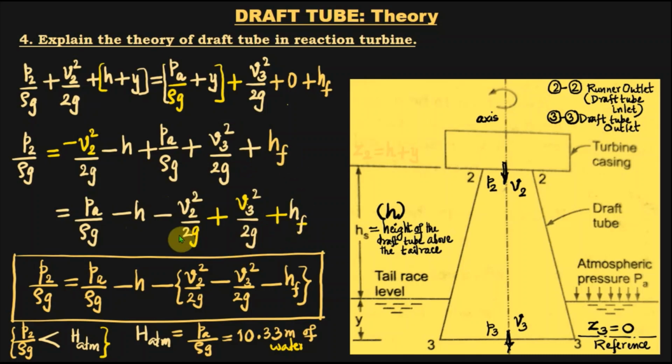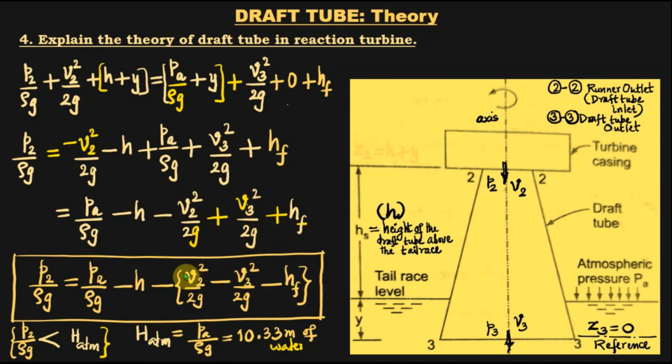Now the last three terms, you take the minus sign outside. So what you will get within the bracket is minus of V2 square by 2g minus V3 square by 2g minus hf.